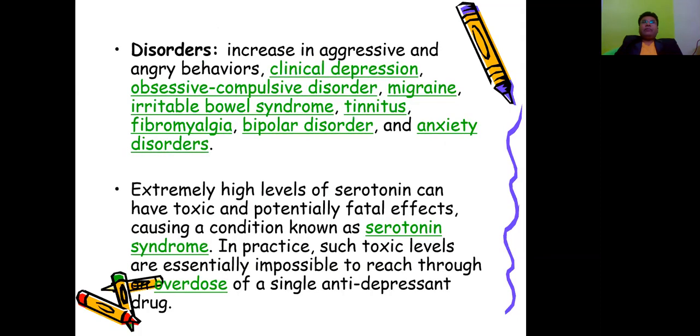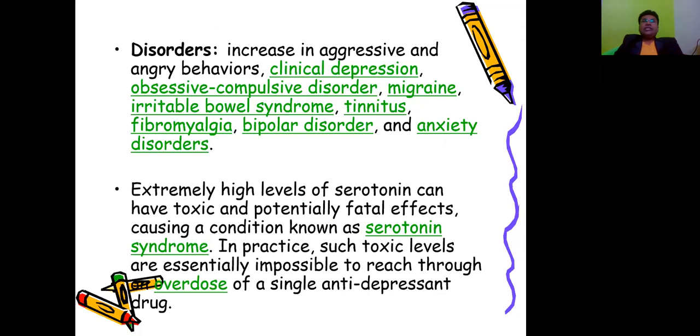The disorders associated with serotonin, that is, increased aggressiveness and angry behaviors like clinical depression, obsessive compulsive disorder, migraine, irritable bowel syndrome, tinnitus, fibromyalgia, bipolar disorders, and anxiety disorders, are associated with serotonergic neurotransmitters.